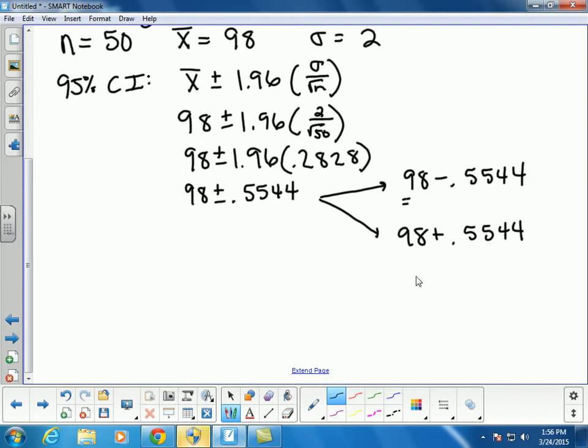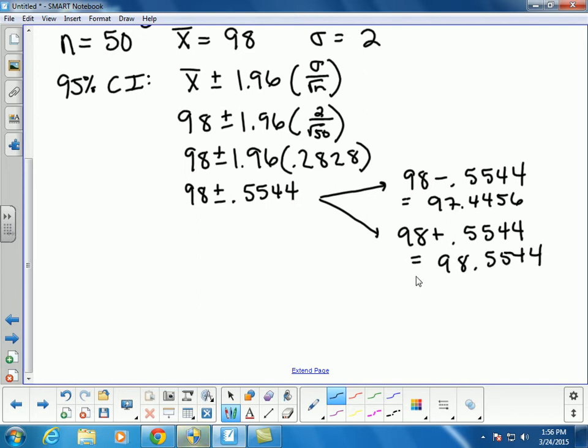The 98 minus 0.5544 is 97.4456, and the plus is 98.5544.